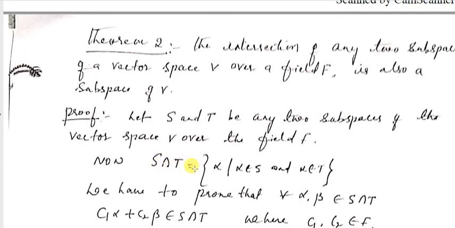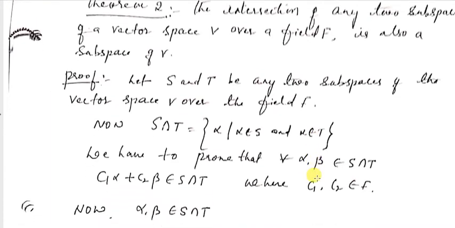Their intersection will be the set of all elements, say alpha, such that alpha belongs to S and alpha belongs to T. This is how the intersection of two sets will look like, right? So S intersection T is the set of all alpha such that alpha belongs to S and alpha belongs to T.